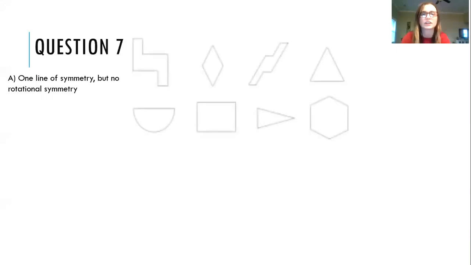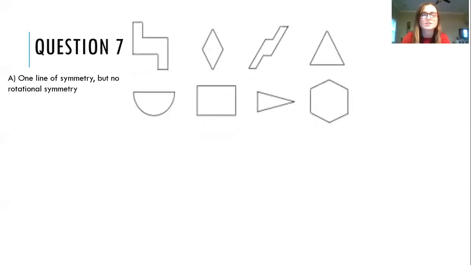So let's look at our shapes right here. So the diamond has one line of symmetry because it can be folded over the line of symmetry, and it will look exactly the same as the bottom half if the top half is folded over.